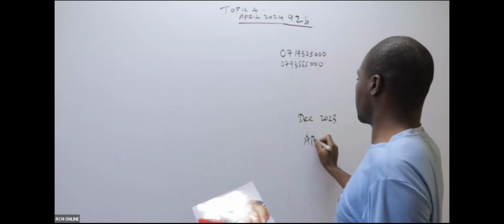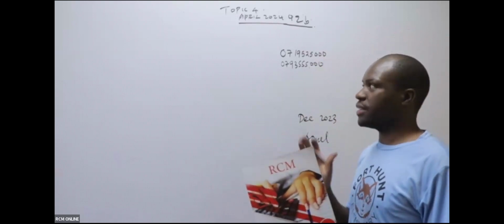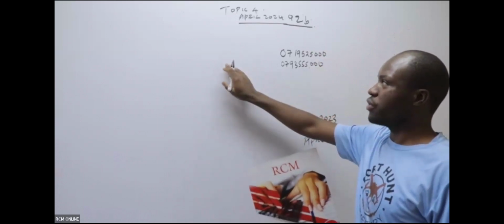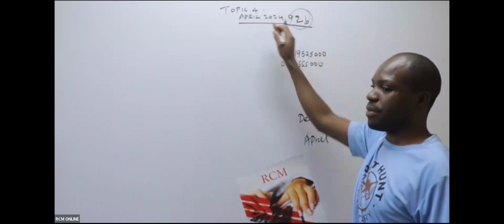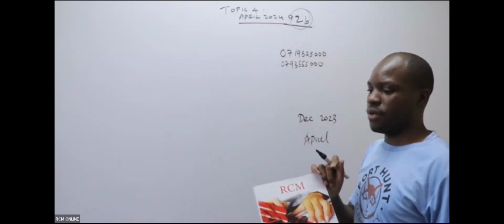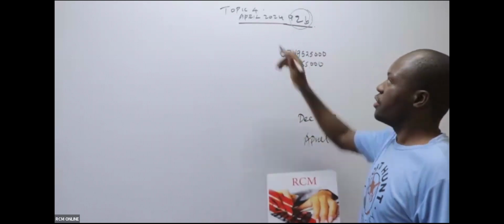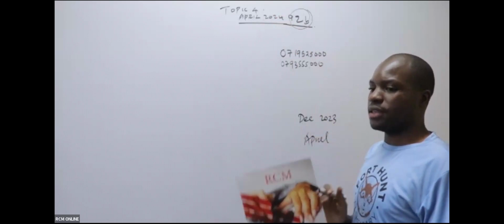The April sitting will be done in class. As you can see, we've already provided solution for this particular question from April sitting. December, going backwards, is already presented in this particular book.